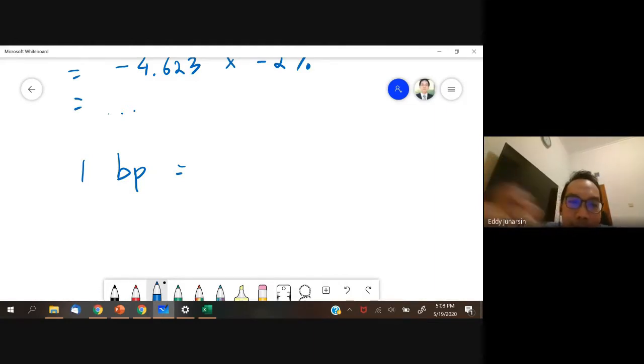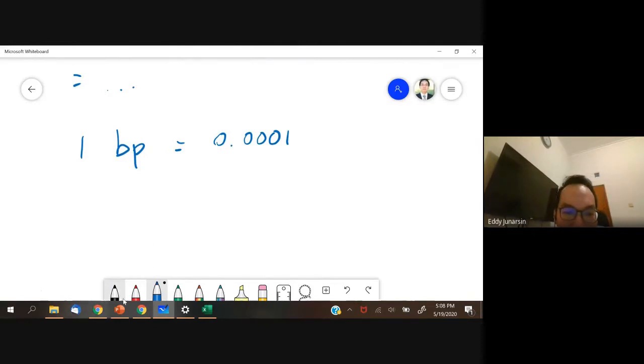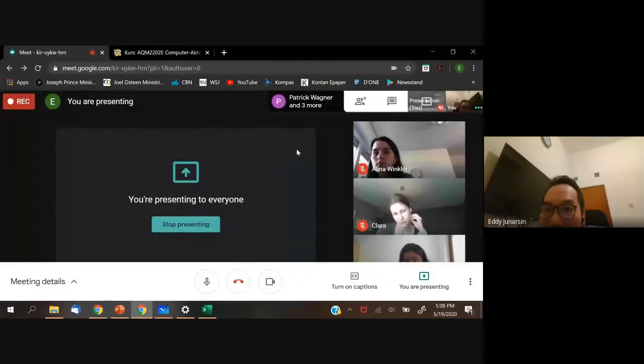If I say 1 basis point, just imagine that there are four numbers behind the zero, right? So behind the decimal, there are 4 decimal numbers there. So 1 basis point.